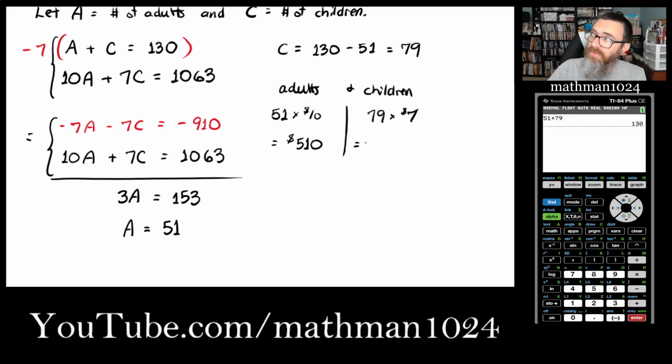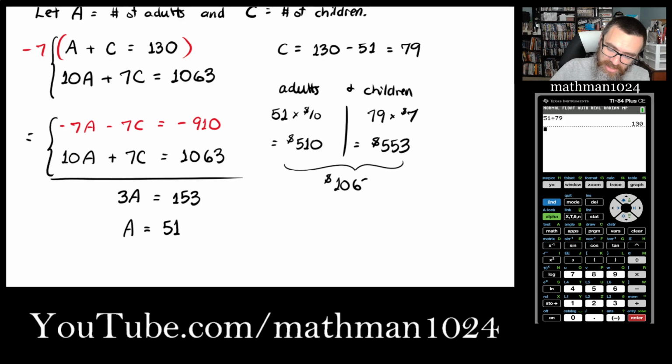So that's $553. And when these are combined, there is your $1,063 total. Again, you may not believe me, so let's check with the calculator. 51 times 10 plus 79 times 7. 1,063.